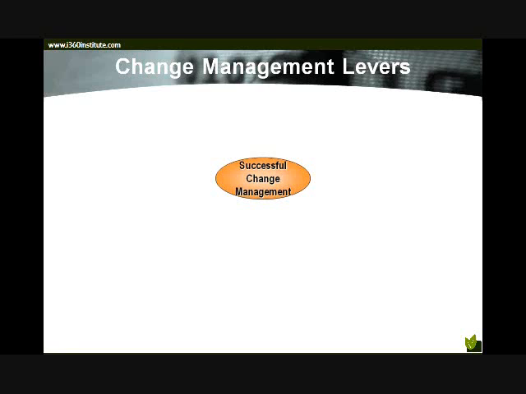So I mentioned before that there are actually 6 levers, with 6 different forces, if you will, within the organization that must be addressed whenever any change happens in an organization. When I use the word change in an organization, I'm talking about a change to a system, or a redesign of a process, or a methodology that's being introduced, something that might enhance or change the culture of the organization.